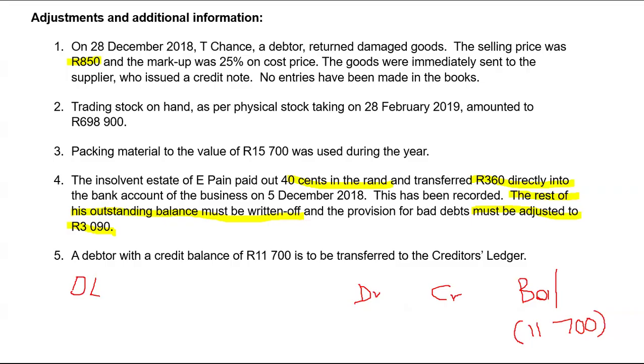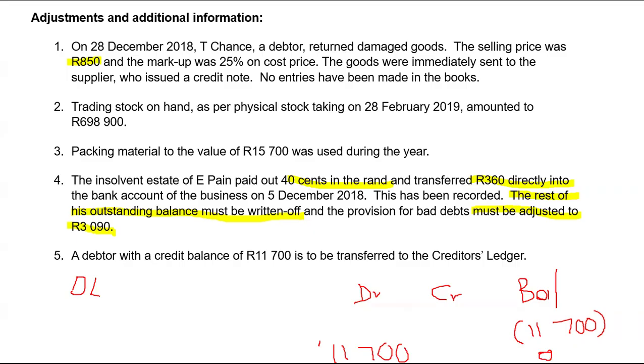Instead, they are a creditor. So to cancel this negative, because we can't have a negative balance in the debtor's ledger, we are going to put it on the debit side. Then the negative and the negative will cancel out, so the debtor will end up owing us 0.